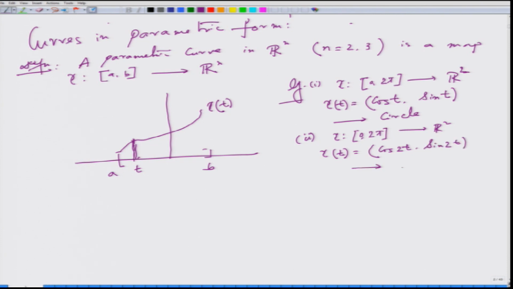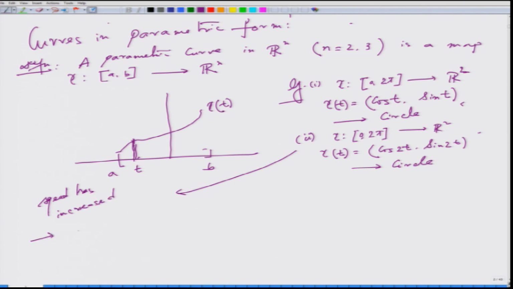I will again get a circle, but there is a difference between the first example and the second example. What is that? Here the speed of the curve has increased. What is speed? Here we say that speed has increased, in fact it is doubled.